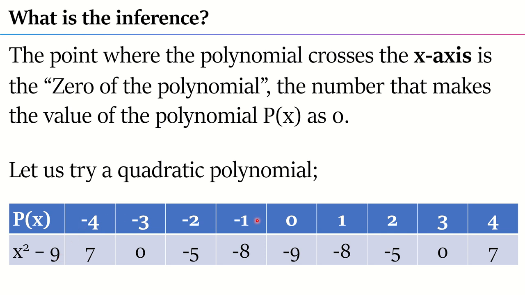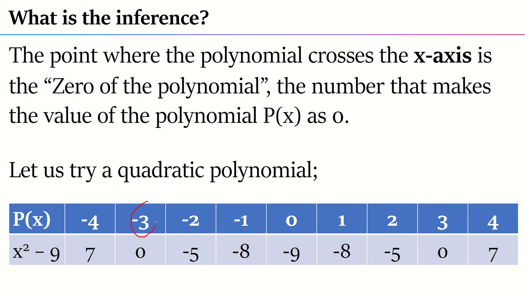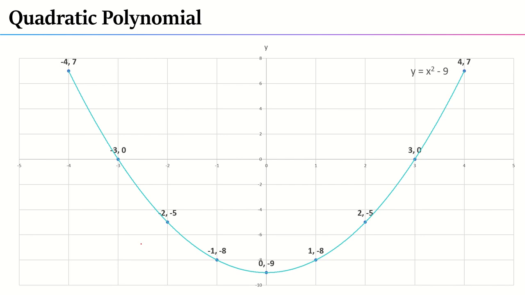For 3 and -3, the value of the polynomial was 0. Now when I plot all the values on a graph, you get a graph something like this. Note that exactly at the x-axis, we have (-3, 0) and (3, 0).